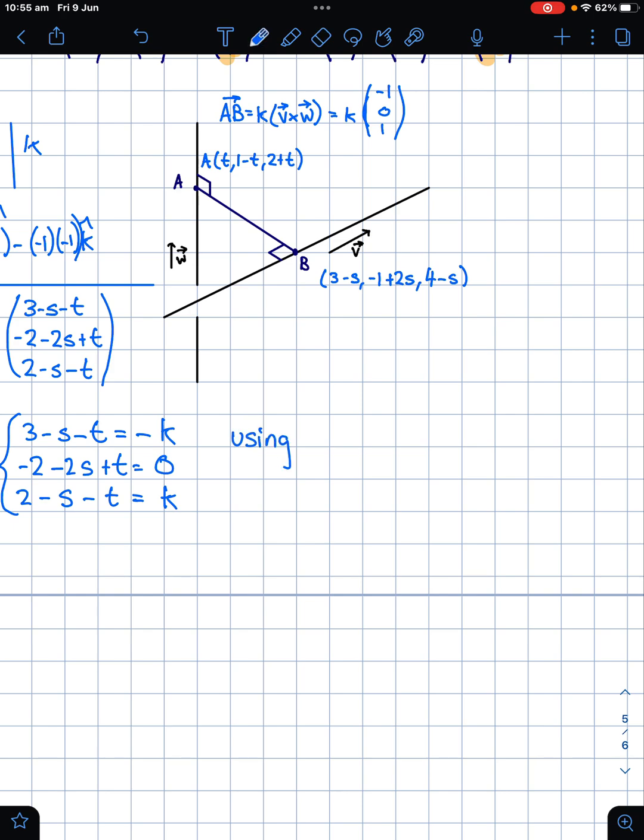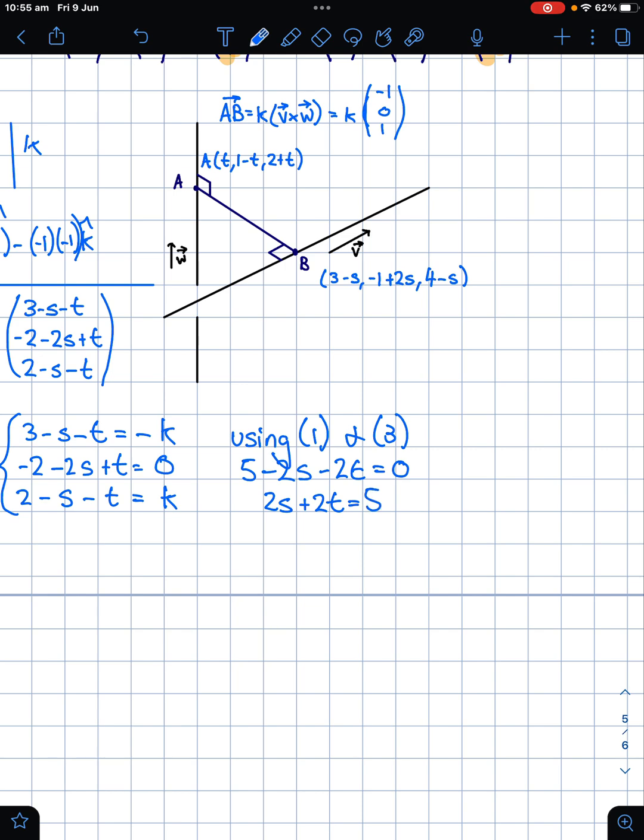Using 1 and 3, we get 3 plus 2 is 5 minus 2s take 2t equals 0. And then that's going to simplify down to 2s plus 2t equals 5.